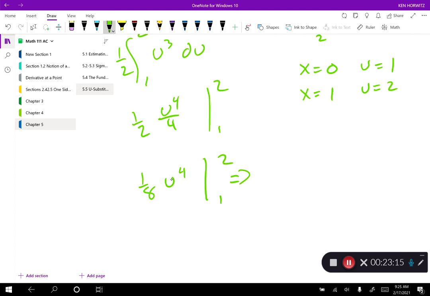So I take 2 and I plug it in. 2 to the 4th, 2 to the 3rd is 8, 2 to the 4th is 16. So I have 16 over 8, right? 1/8 times 16 is 16 over 8. Minus, right? Because I'm subtracting my lower limit. Plug in 1, I get 1/8. And 16/8 minus 1/8 is 15/8. And there is my answer.